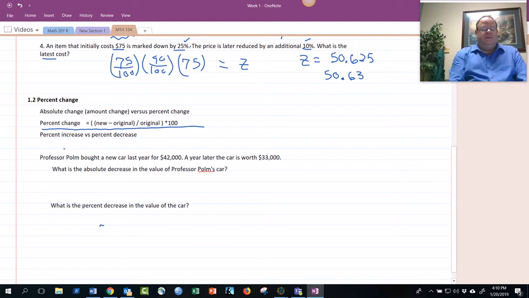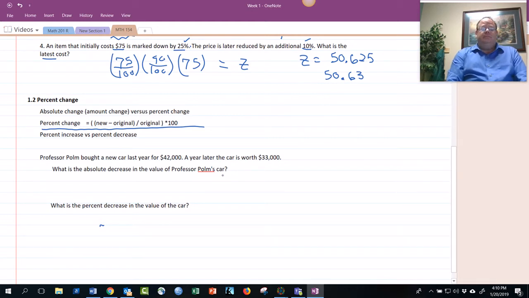All right, so let's look at this one. Professor Palm bought a new car last year for $42,000. A year later, the car is worth $33,000. Unfortunately, this is pretty much the way things really work. So the first question is, what is the absolute decrease in the value of Professor Palm's car?